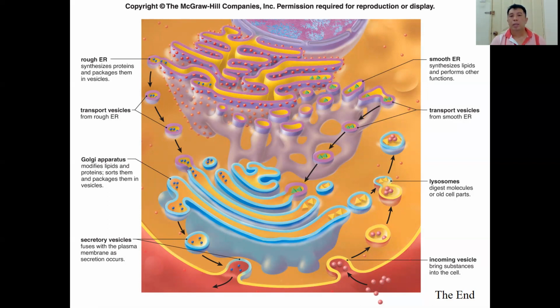Then after that, the polypeptide will be transported to the Golgi apparatus for further processing and modification. Then later, the proteins will be secreted out of the cell, or become lysosomes for intracellular use. Okay, so that's all for the Golgi apparatus, and thank you for listening.